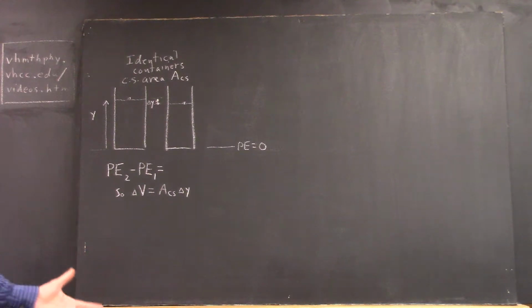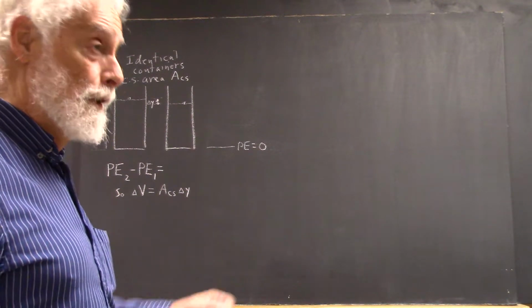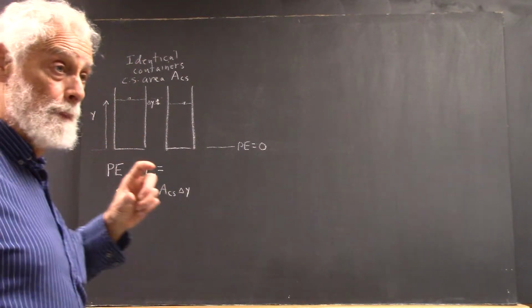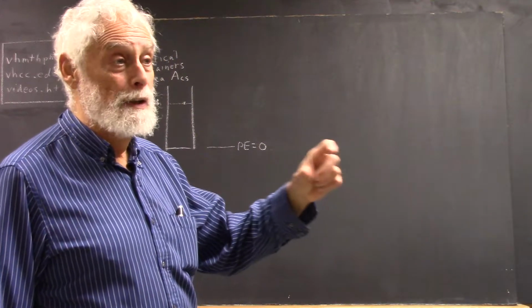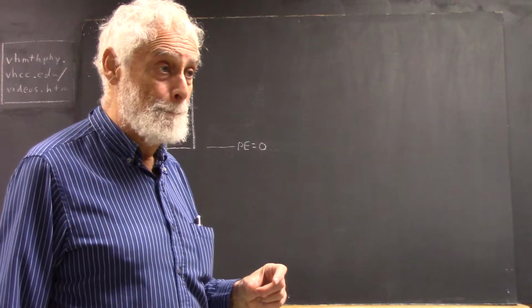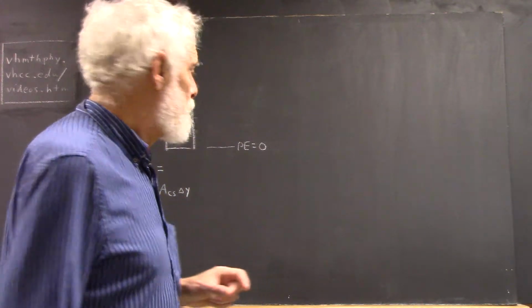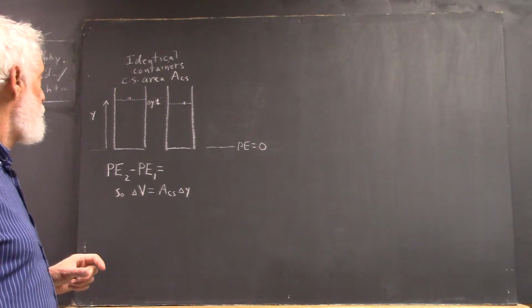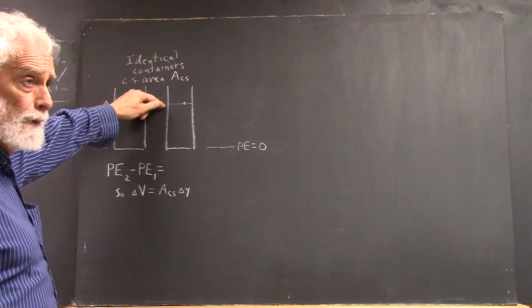Why is there potential energy here in the first place? Gravity. Because a change in potential energy is equal and opposite to the work done by gravity, right? So the level goes from here to here.